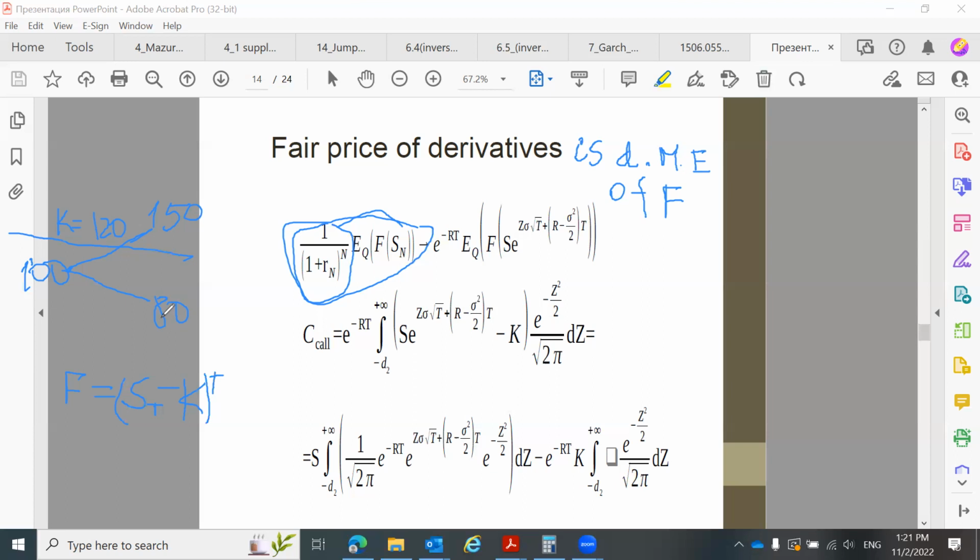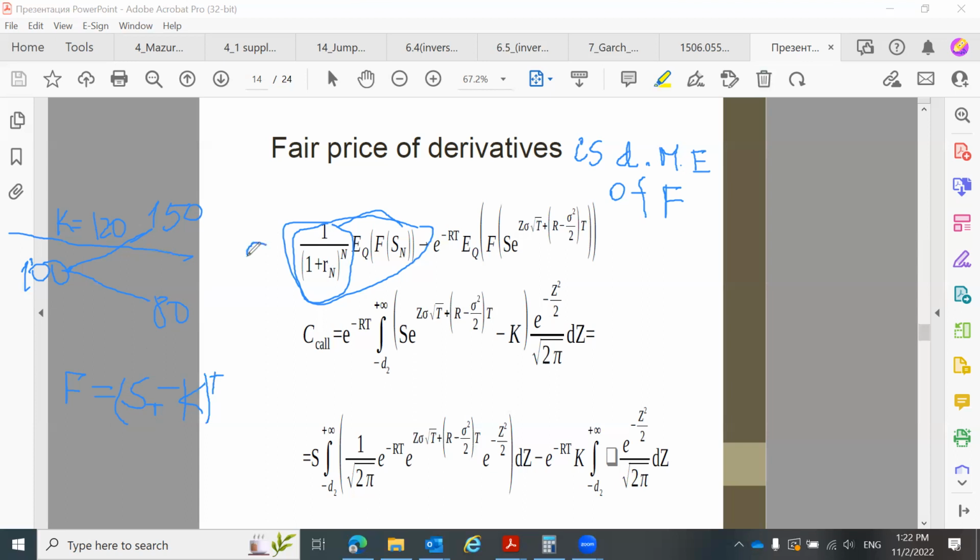You remember, Misha? Yes, if the current price is less, then it's zero. Okay, so fair price.